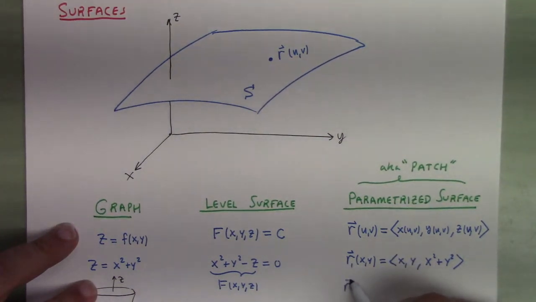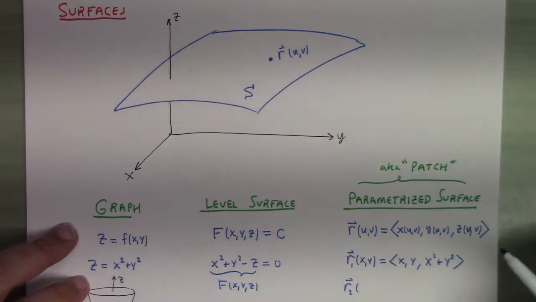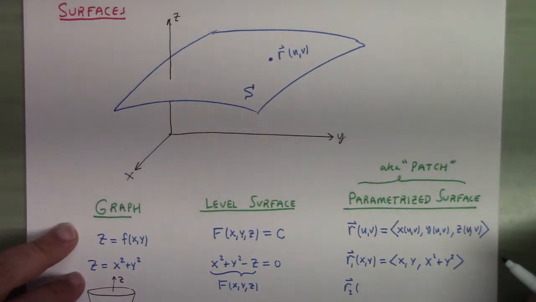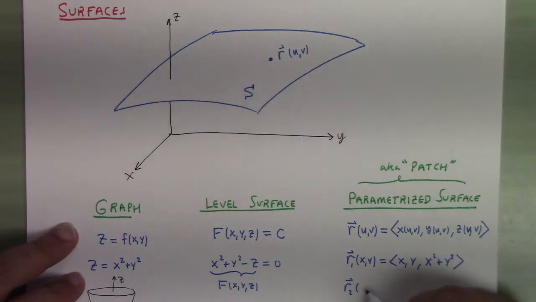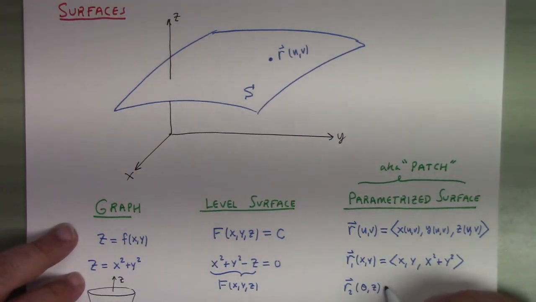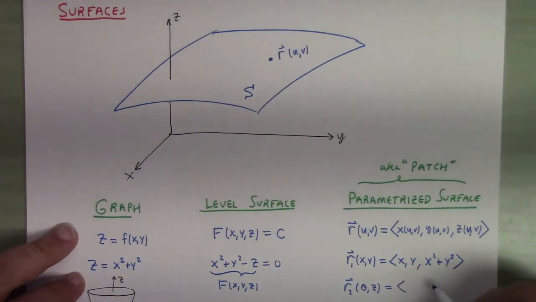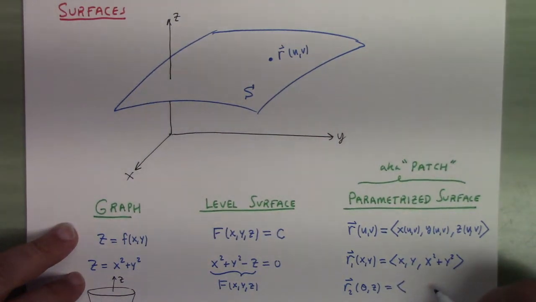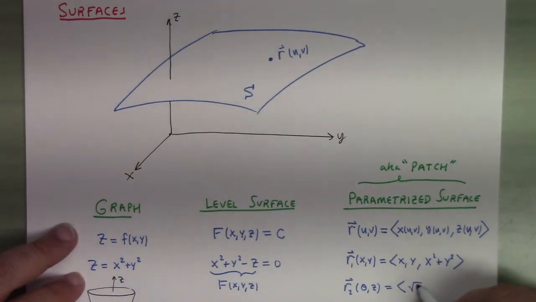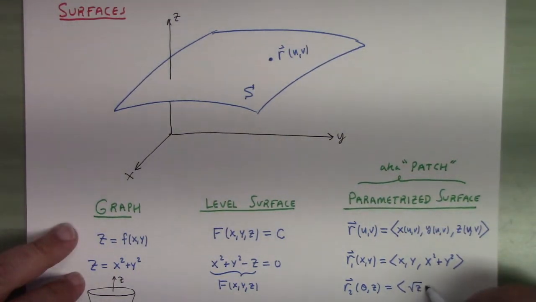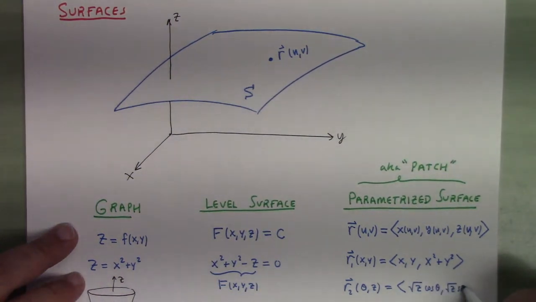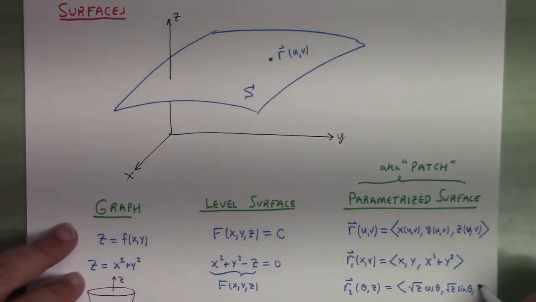Another thing you could do to parameterize this surface is use theta and z in the following sense: square root of z cosine theta, square root of z sine theta, and z.